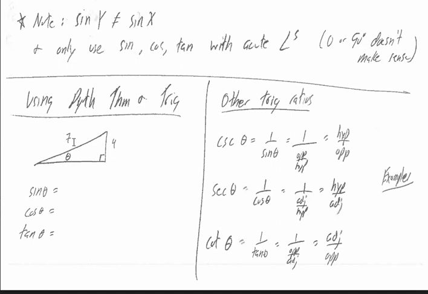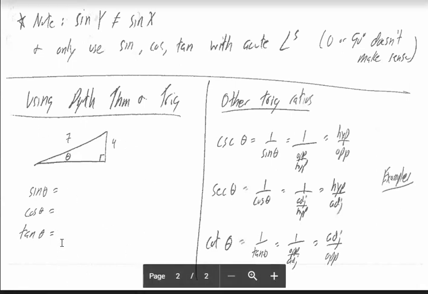So we would have to use the Pythagorean theorem first to figure out this adjacent side to angle theta, and let's say it was, I don't know, 5.5. Then the cosine would be 5.5/7. And the tangent is opposite over adjacent, so 4/5.5. So sometimes you're going to have to use the Pythagorean theorem first.